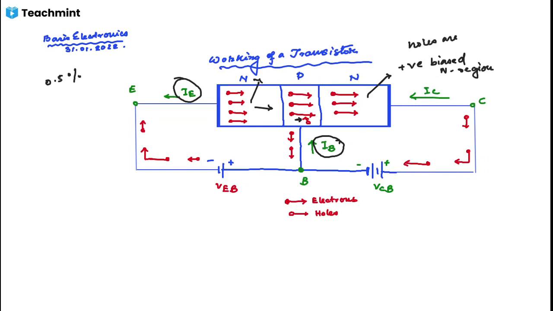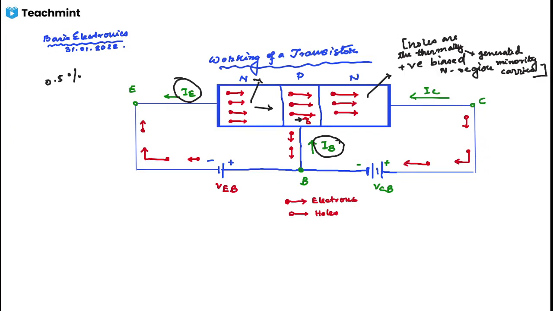Holes are the thermally generated minority carriers, which pass towards the base.